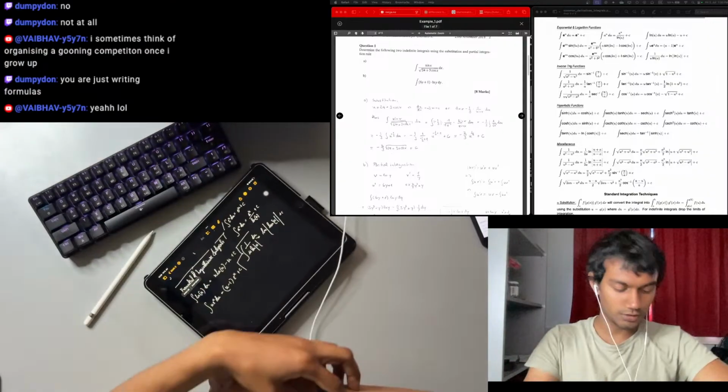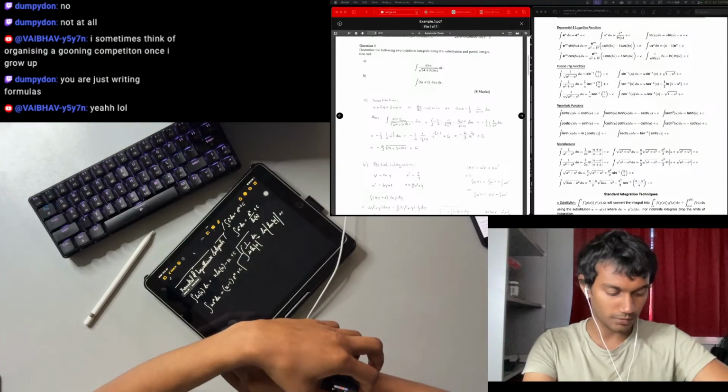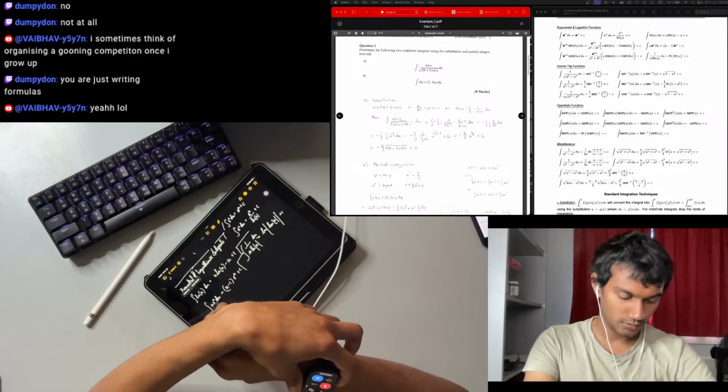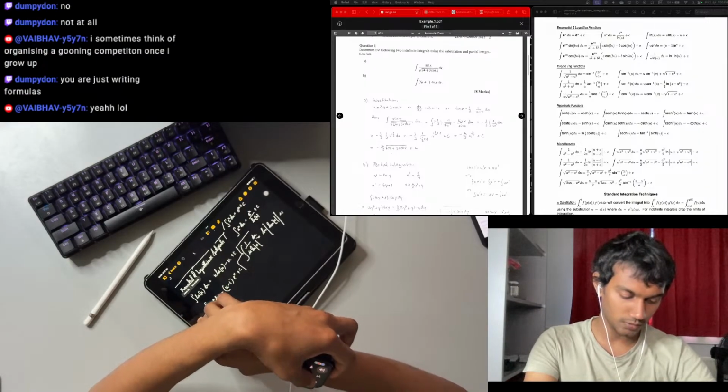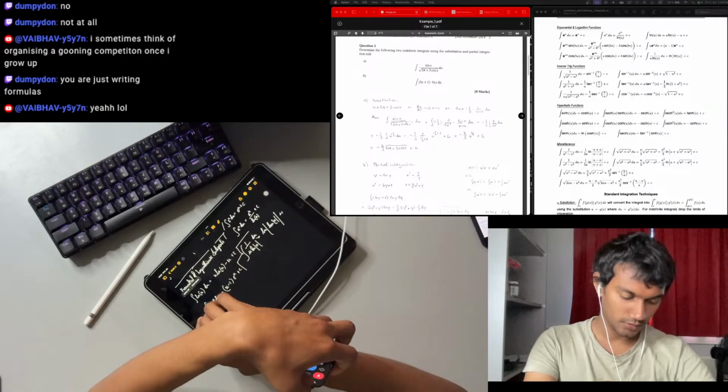You know what? Let's make it dark mode because I'm not a big fan of this. How do you make it dark mode? God damn it, I forgot.